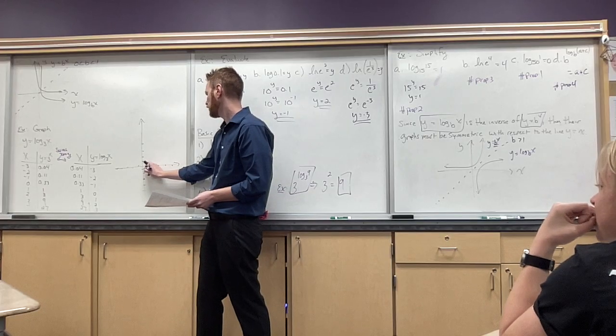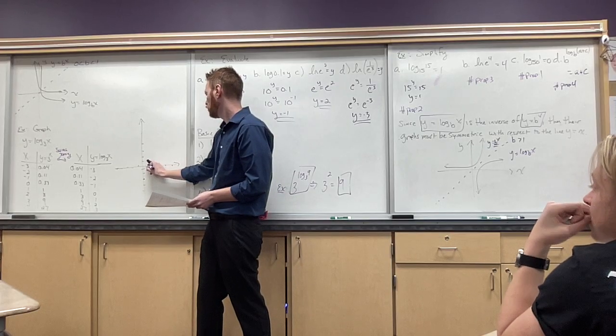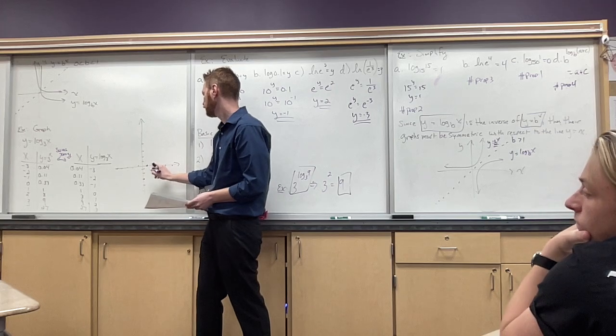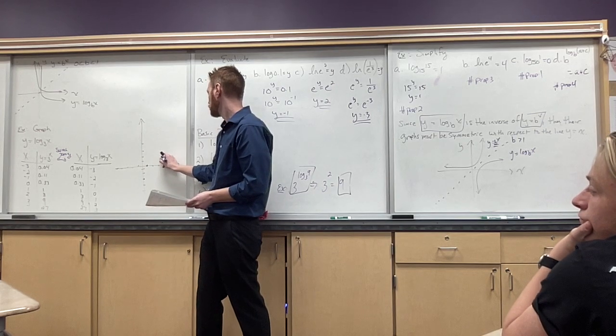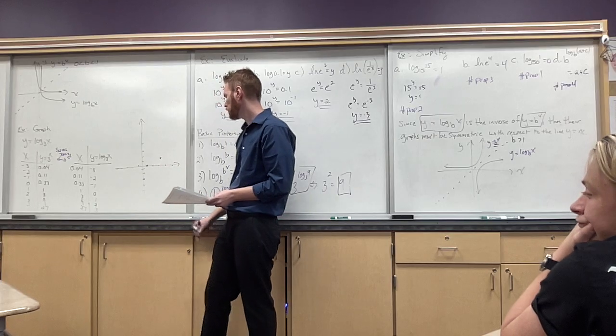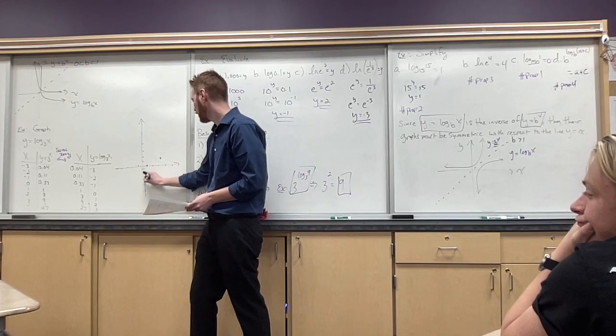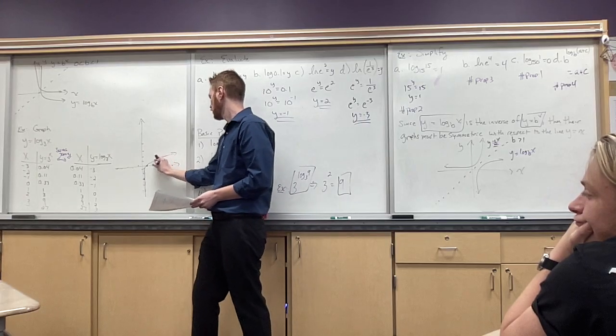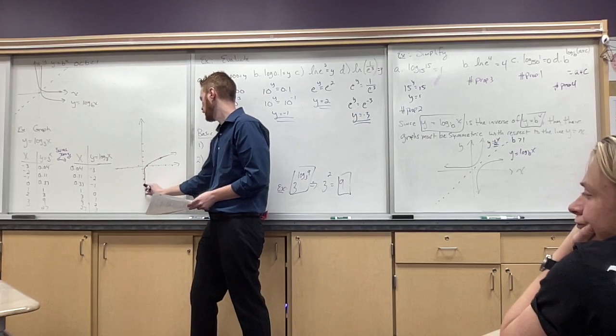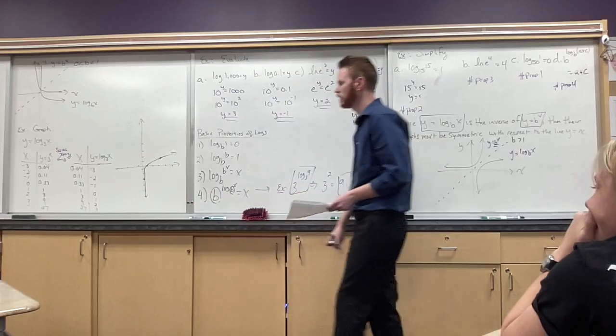We're slightly out, but not too far. At 1, we're at 0. At 3, we're at 1. So here's 3, here's 1. And then the rest of them are a little bit too big for my graph here, but we'll go ahead and sketch a little. And we get something like that. Okay, so there we go.